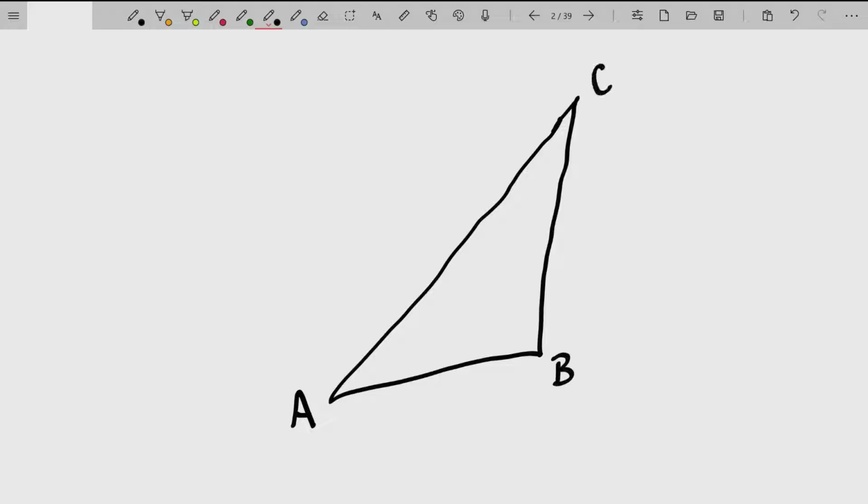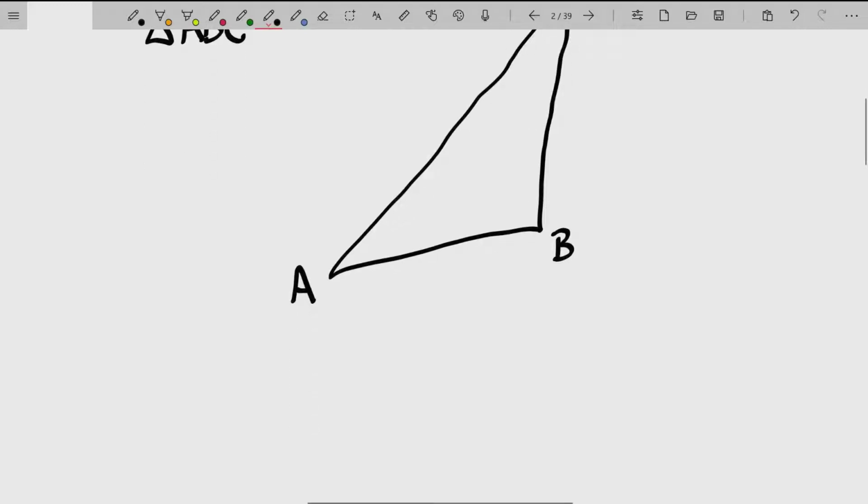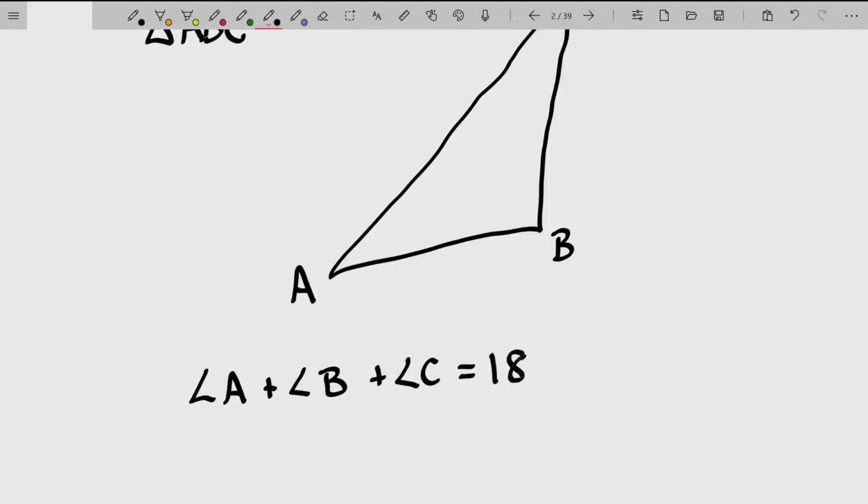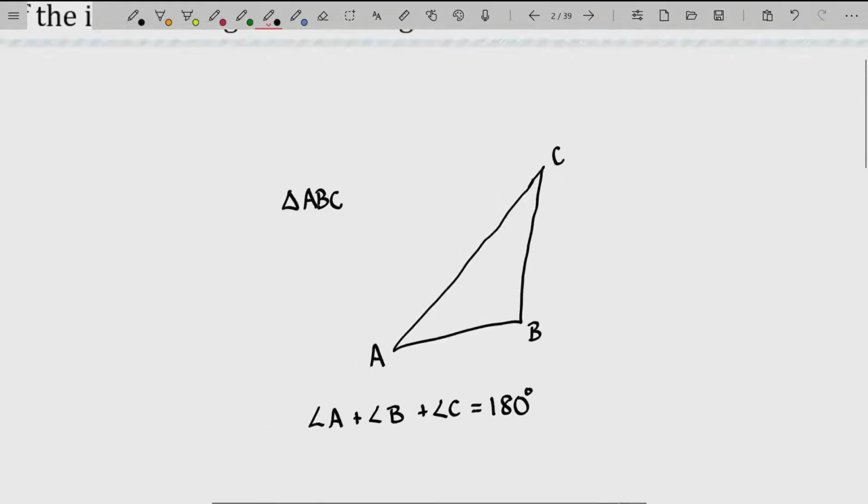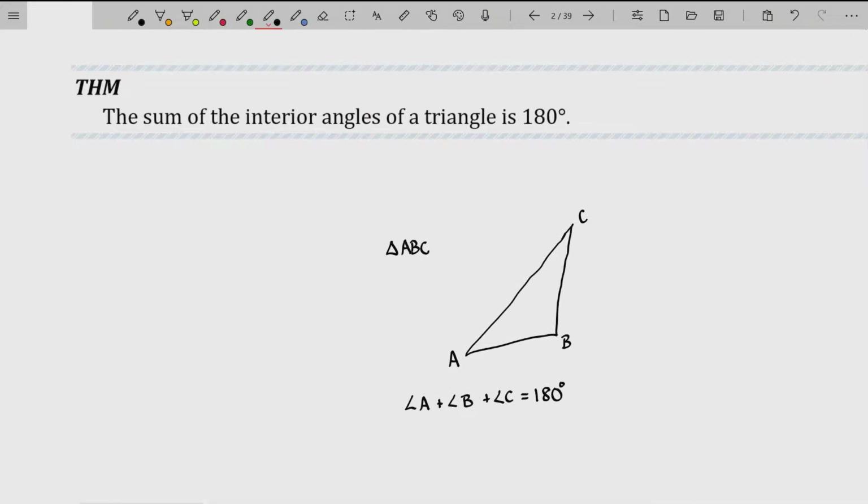I will denote that triangle ABC, just so I have a notation I can talk about. And this theorem is basically telling us that angle A plus angle B plus angle C must equal 180 degrees. That's all that you have for the interior angles of a triangle. And that should be well known to you at this point, but there you have it. I don't want to waste too much time on that.